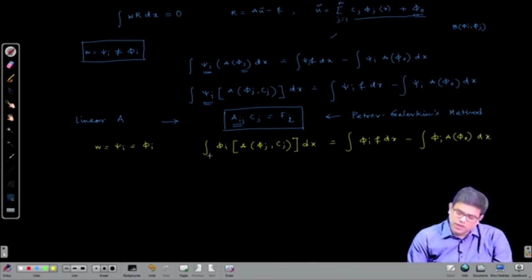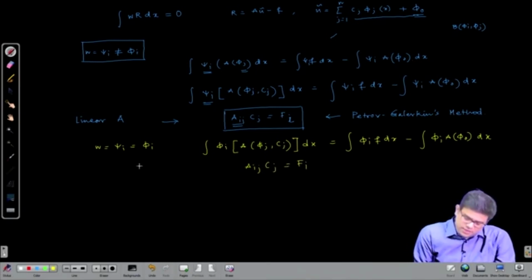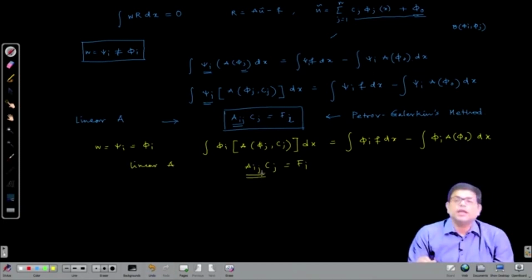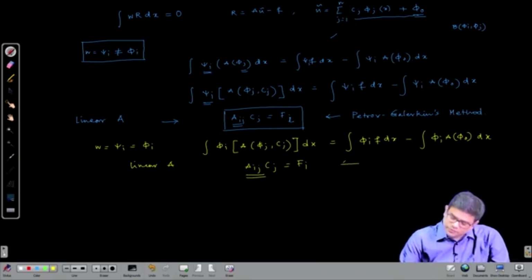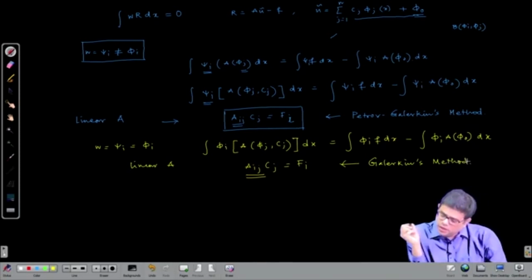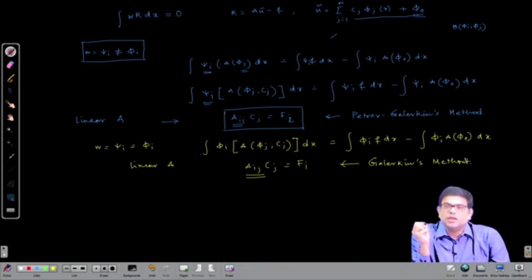If it is linear, then Aij Cj will be Fi, in case of a linear A. So here Aij will be the same. This is known as the standard Galerkin method or Galerkin's projection, or the standard Bubnov-Galerkin method. Now, what is the difference from the standard Rayleigh-Ritz method?